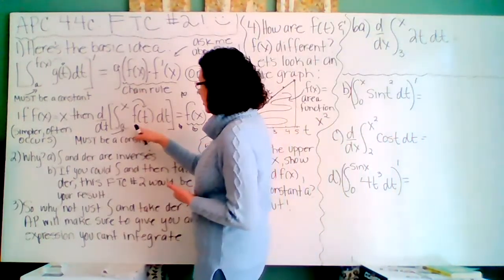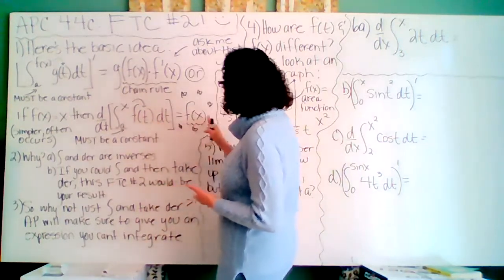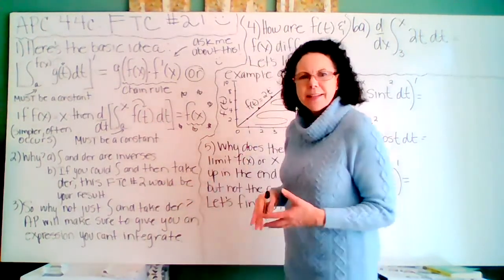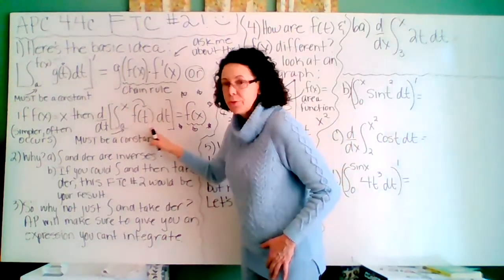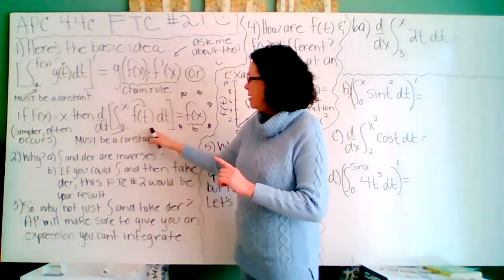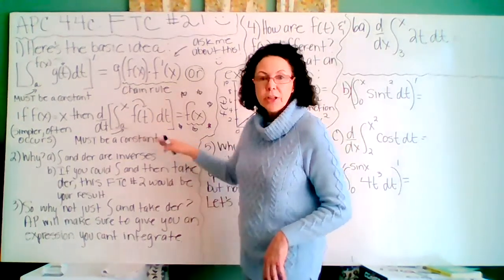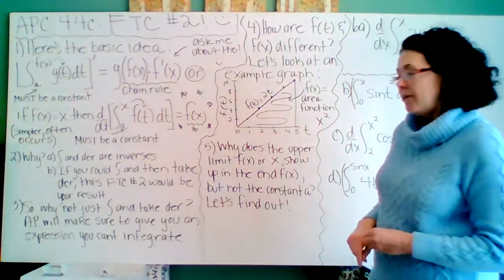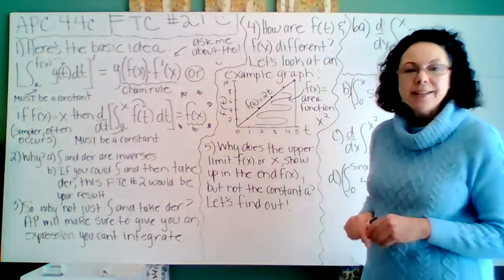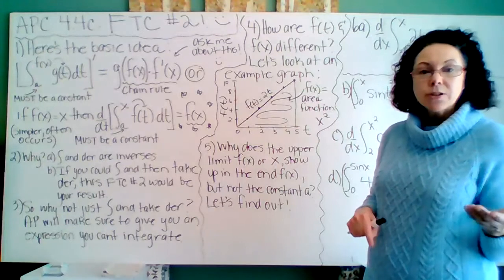When you integrate f of t, you get f of x. So what is f of x? How is it different? We know that an integral shows as the area between the function and the x-axis. So this area right here, that area function is f of x, and it in fact equals x squared.